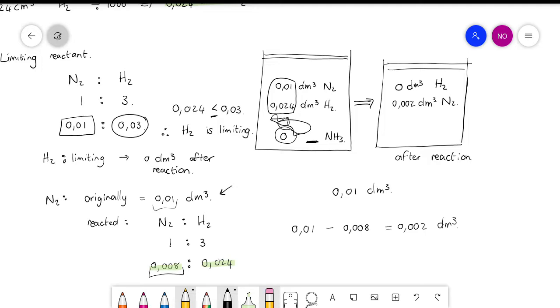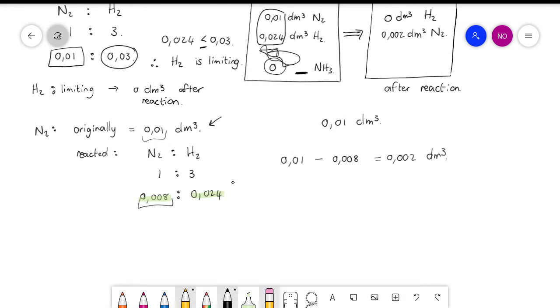How can we determine how much of the product? We take the limiting reactant to the product ratio. And we say that is 3 to 2. So we know that 0,024 of that will react.